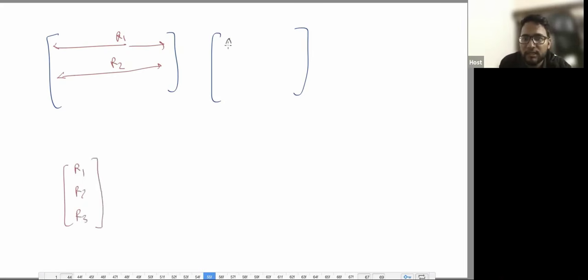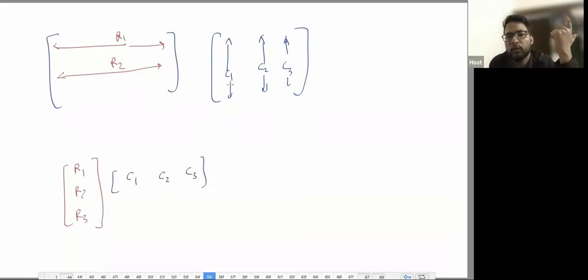And let's say this is C1, C2, C3, which are the column vectors. So I have written these two matrices in compact form. R1 is one entire row vector, R2 is one entire vector, R3 is one entire vector, but I have written them in compact form. Similarly, I have written C1, C2, C3 in compact form.